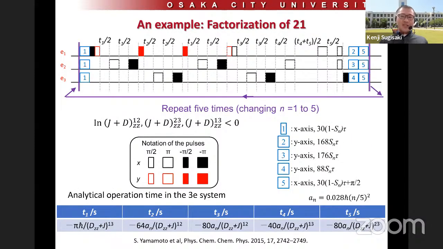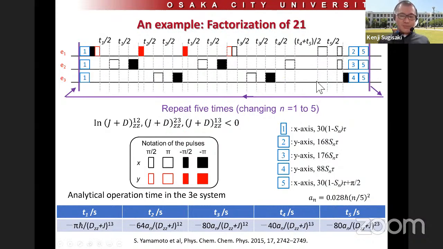And we can derive the pulse sequence to perform the time evolution under the time-dependent Hamiltonian. These E1, E2, E3 are electron spins, used as qubits, and these blocks correspond to the pulses. The shorter one is the pi over 2 pulses, and the symmetric square one corresponds to the pi pulses.